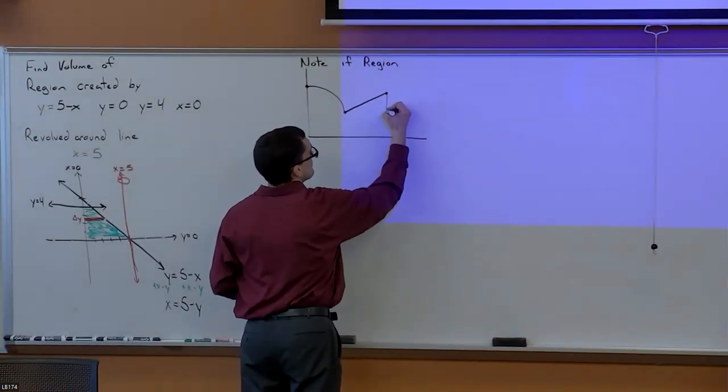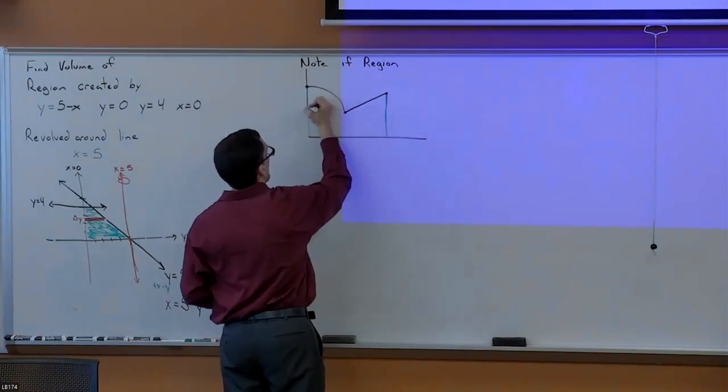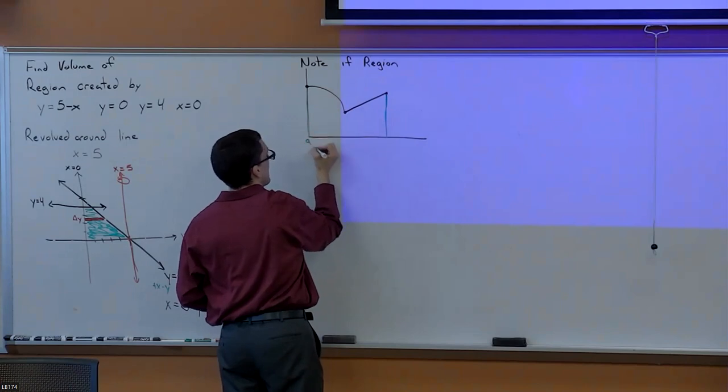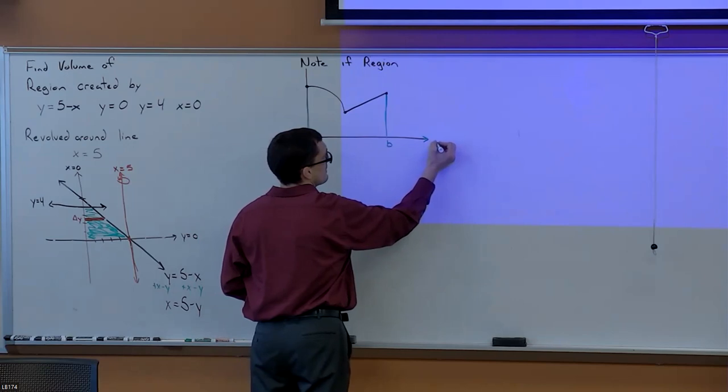So if the region is going from, we'll say, A to B, and let's just, for the sake of argument, say we're going to rotate around the x-axis.